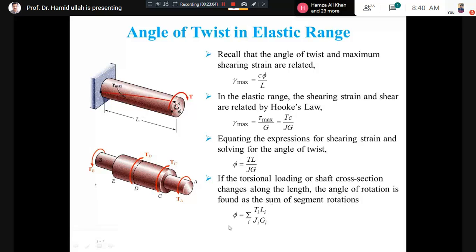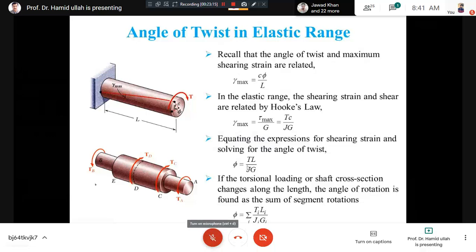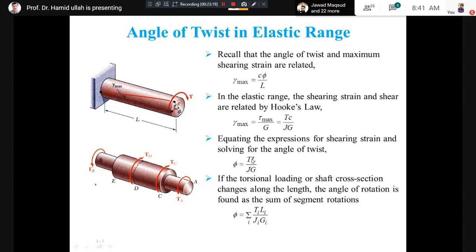If you remember, this equation is similar to an equation we studied in previous theory classes. Here you remember delta equals F L by A E. This very famous equation we got from Hooke's law when the body is subjected to axial load, normal load. In that case delta is the linear deformation, and it is equal to F, so it will not be T, it will be F. What is F?